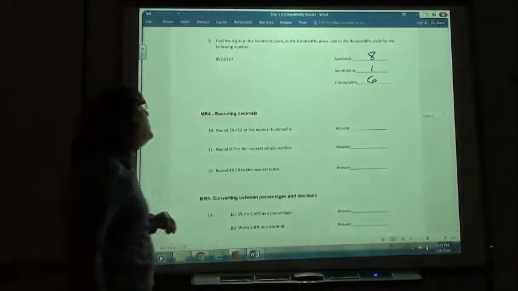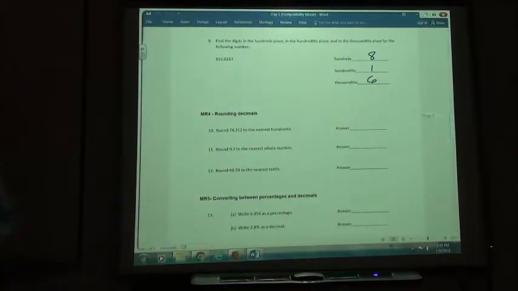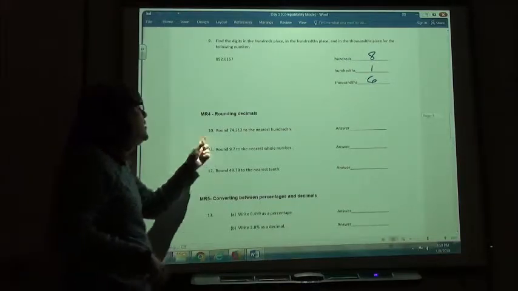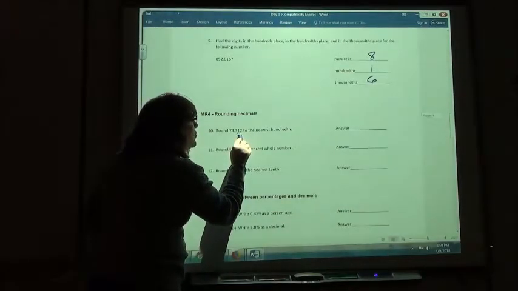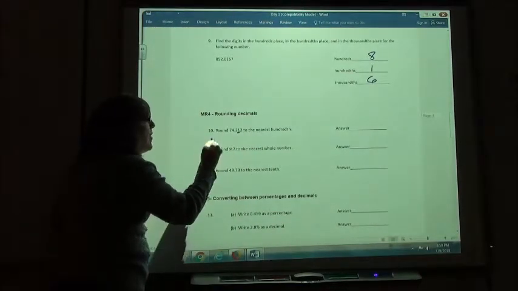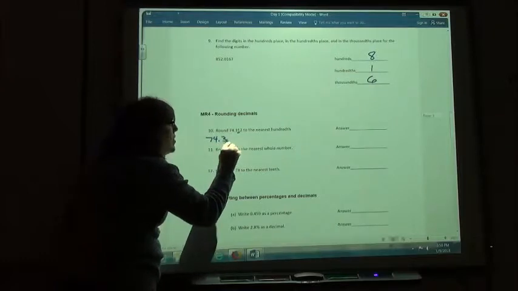All right, so they review that with you because now we're going to do rounding. When you're rounding a number, there's really only 2 possible answers. What I would do is figure out my value up to the point I'm rounding it off to, and either it's got to stay that number or it could round up by 1, depending on if there's a 5 or higher after it. So if I'm rounding this to the nearest hundredth, I'm looking at my hundredth spot. So everything up to that point would be 74.31.